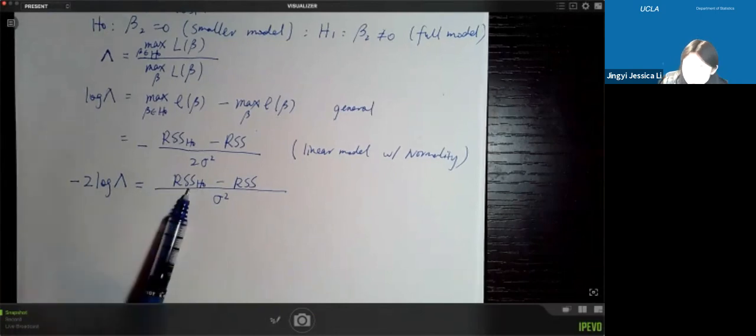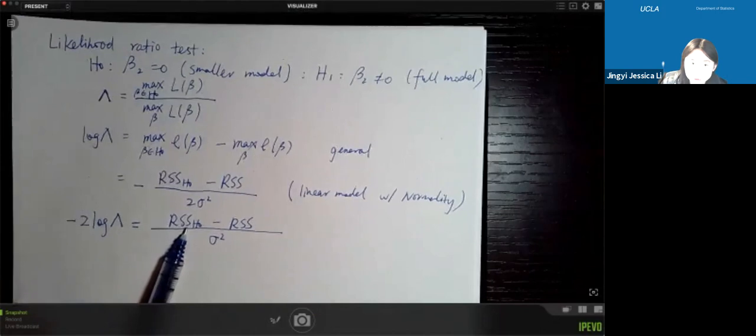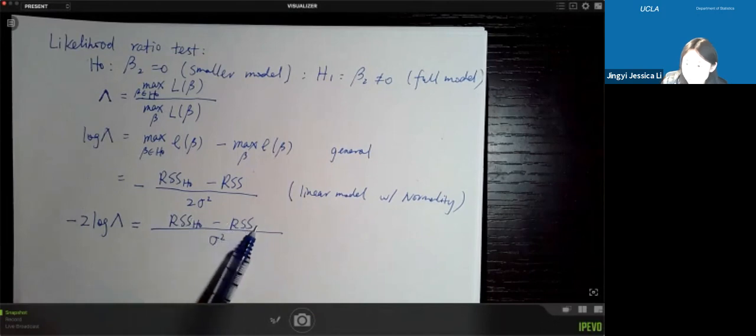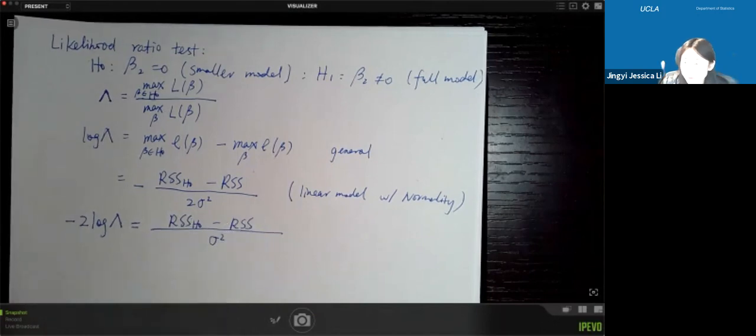We have a constraint. So you can imagine that for sure, the RSS under the constraint will be no smaller than the RSS without the constraint. Because without the constraint, we can always fit the data better and make the residual smaller. So this will be a non-negative term.